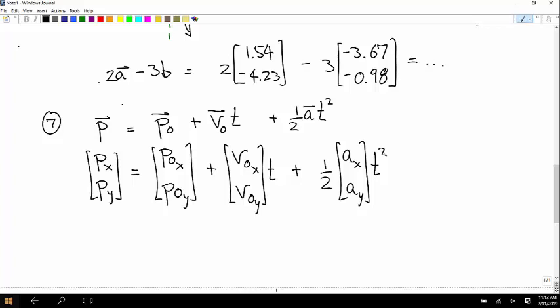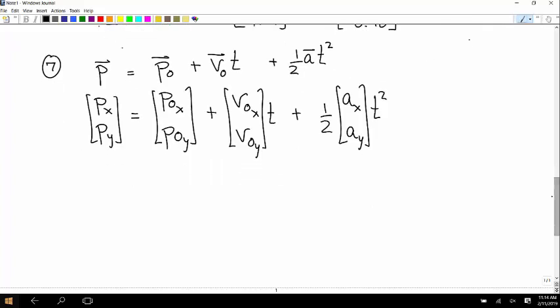And now use the rules of vector math to rewrite this into two separate equations. So we're going to have one equation that's all the x components and one equation that's all the y components.